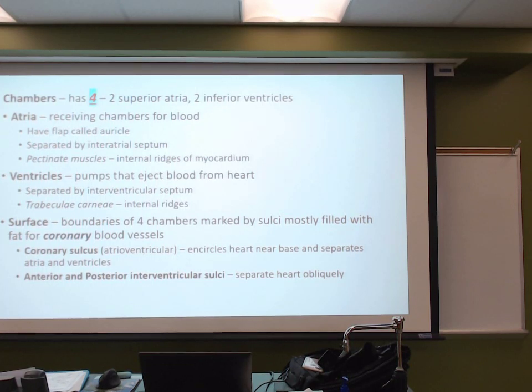In the atria, we have pectinate muscles. They are being better represented on this portion of your model. If you look here, it looks like they have these ridges that they have indented into it. That's representing what is called the pectinate muscle.